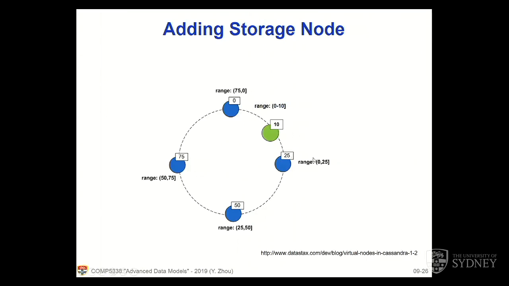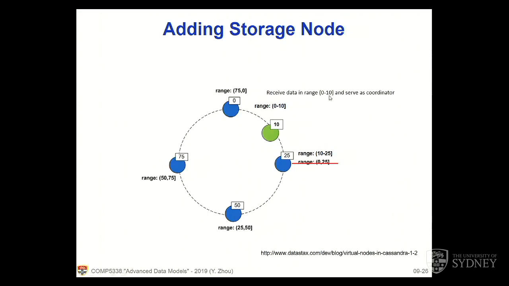So this node changed its range from 0 to 25, and now it got smaller, 10 to 25. That means there are quite a few data movements in this toy example. But if you put the whole thing in a very large cluster, it's still a local movement.